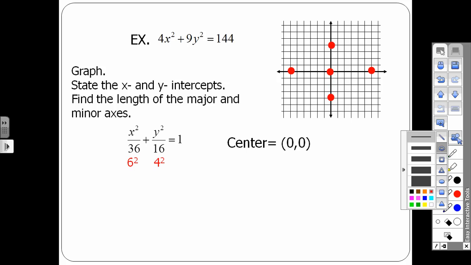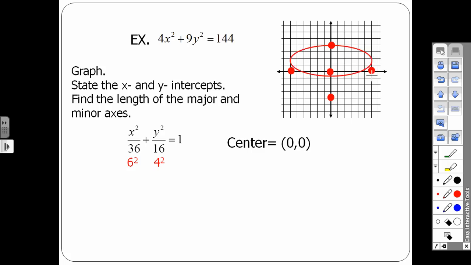Okay, and then we're going to get our little ellipse tool here because it makes graphing these things so much easier, at least on the computer, anyway. All right, there we go. Okay, so we have a nice, beautiful ellipse here, and you can kind of see how this ellipse could have been a circle if that had been a 6 instead of a 4. Because if it was 6, then it's a uniform distance from the center all the way around, making a circle.